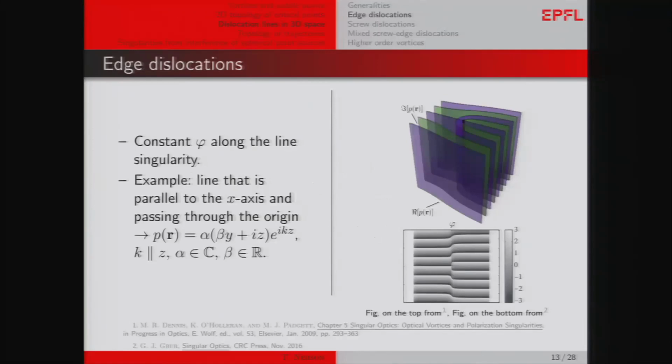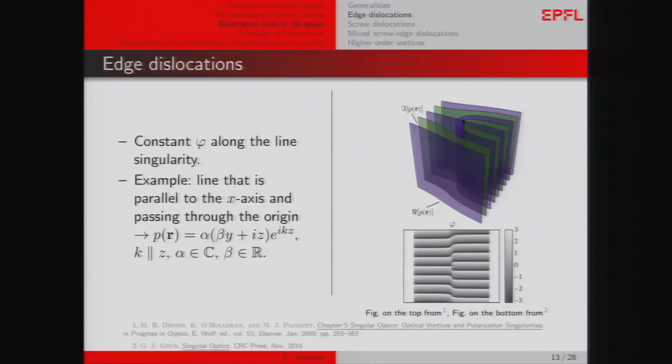In the example of the paraxial wave that I gave, you have this line that must be parallel to the x-axis, and we said that the direction of the propagation was along the z-axis. So you will be able to build some dislocation when you have lines that are parallel, line singularities that are perpendicular to the direction of propagation.